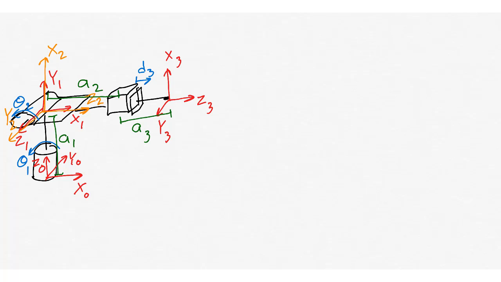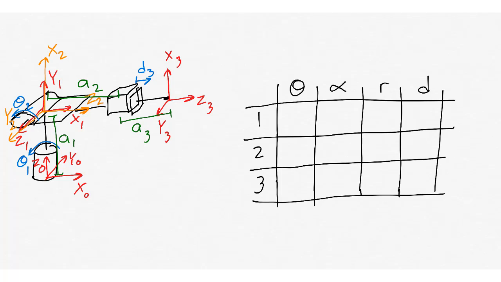So in this diagram, I've drawn the 2 frame in orange and the 1 frame in red to help you see the difference between them. The centers of these 2 frames are actually in the exact same location. Let's go ahead and fill out this table.